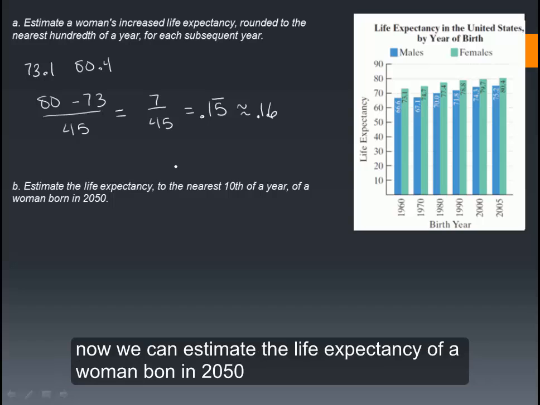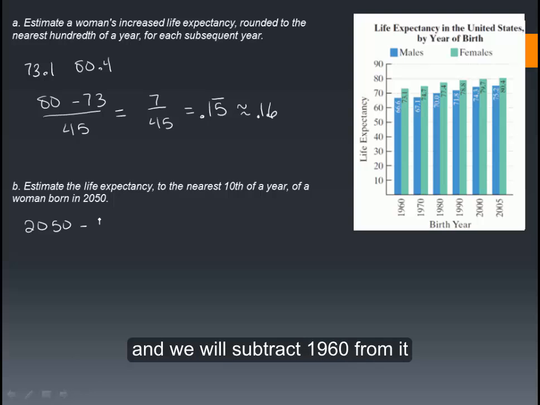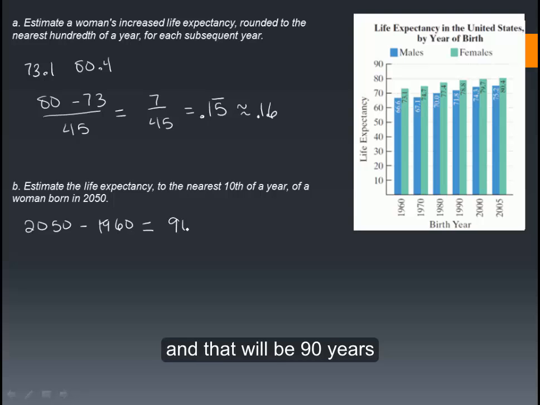Now we can estimate the life expectancy of a woman born in 2050. We'll take 2050 and we will subtract 1960 from it, just as we had done before, and that'll be 90 years.